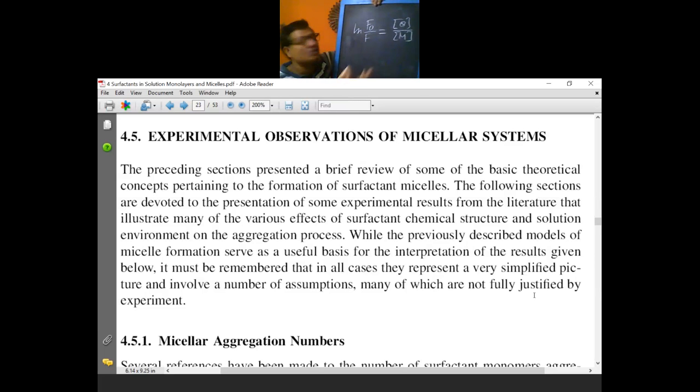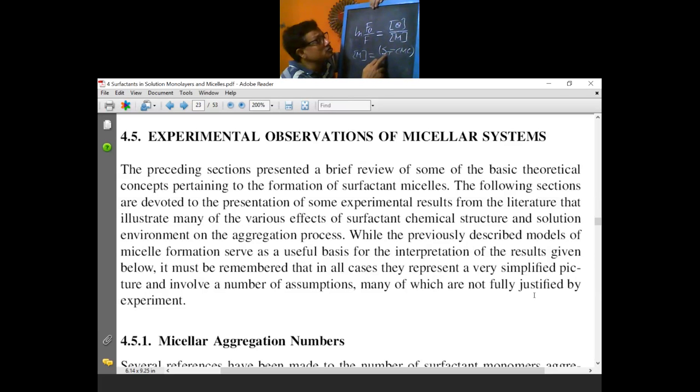Now তাহলে এখন প্রশ্ন হচ্ছে এগ্রিগেশন নাম্বার কত পাবো? Now how can you determine the concentration of micelle? Concentration of micelle is equal to the total surfactant concentration minus CMC, কারণ এই পরিমাণ সারফ্যাক্ট্যান্ট মনোমার হিসেবে রয়েছে। It is the concentration of the surfactant which is in the aggregated state.